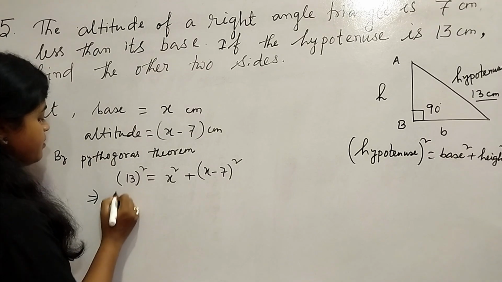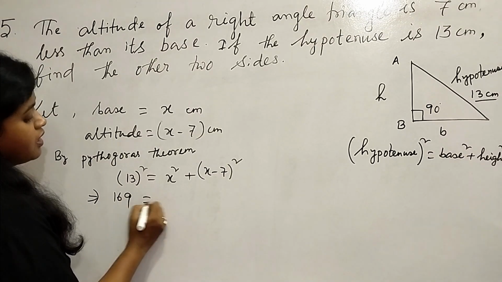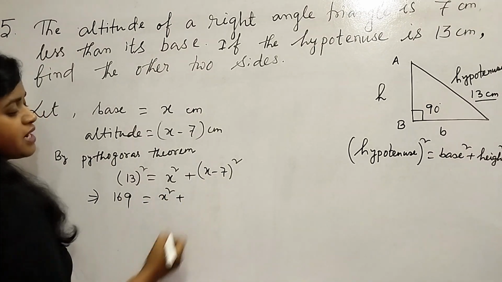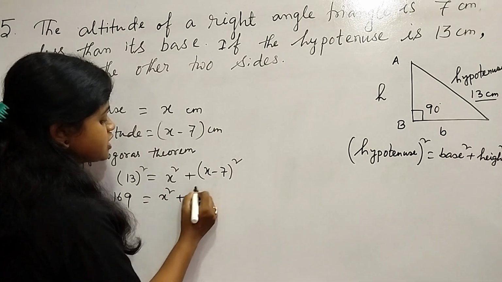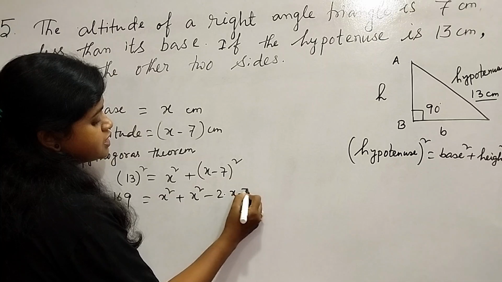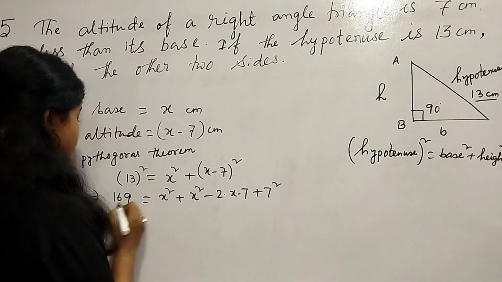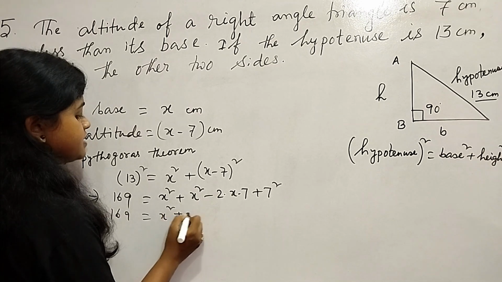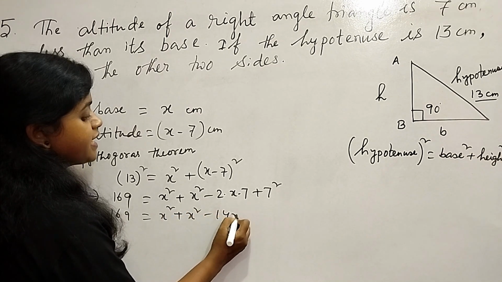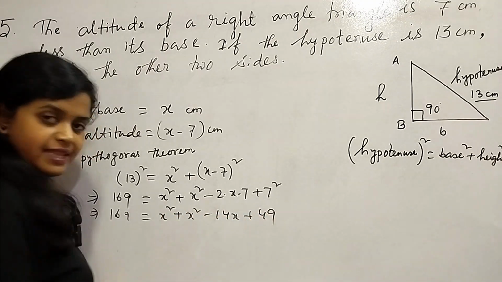We have to simplify this equation and convert it into a quadratic equation. So 13 square is 169, and x minus 7 whole square we will expand by the a minus b whole square formula: x square minus 2 into x into 7 plus 7 square. So 169 equals x square plus x square minus 14x plus 49.